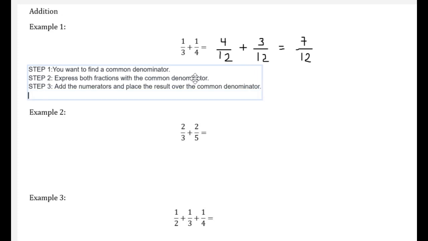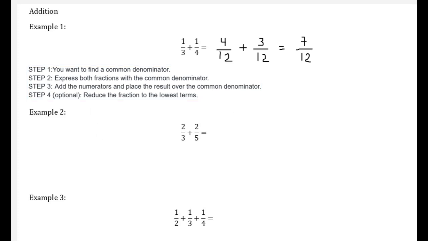And there's a step 4, which is optional, and that is to reduce the fraction to the lowest terms. So do this if it is possible.